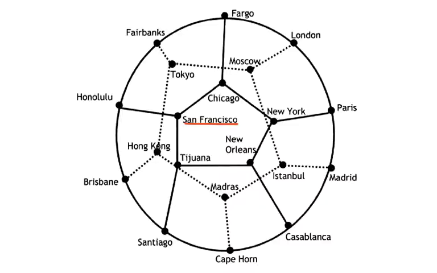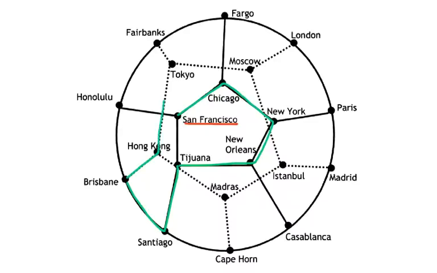So if we start there, we can go again to Chicago, New York, New Orleans, and Tijuana. And it's the same route that I started with earlier. And this time we're going to go out to Santiago and then up to Brisbane. And now we'll go on around the Tokyo, Hong Kong, Madras routes.